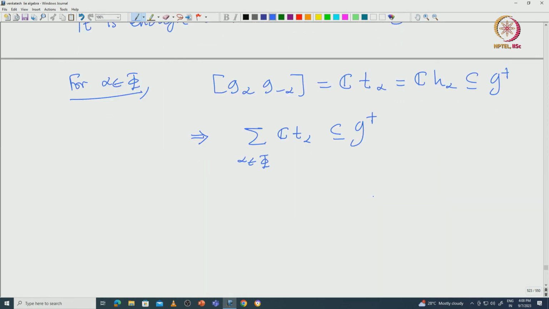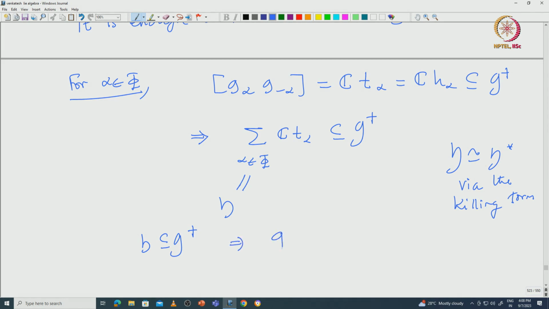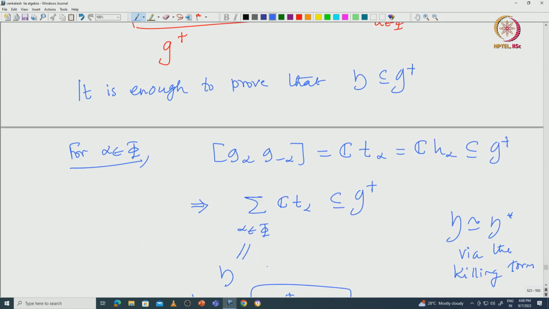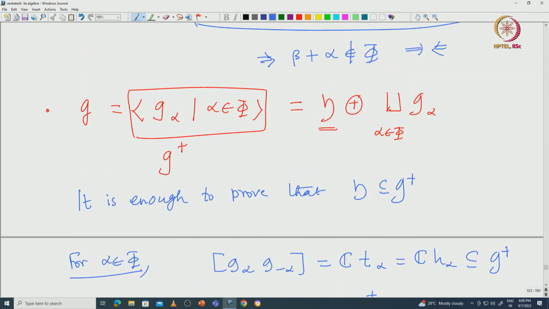But note that phi spans H star, and there is an identification of H with H star via the Killing form. So, this space must be equal to H. So, H is contained in G plus, which forces G plus to be equal to G. So, as a Lie algebra, these G alphas generate the entire G.